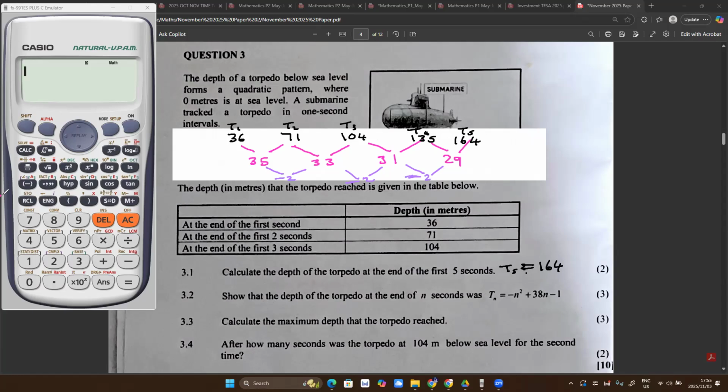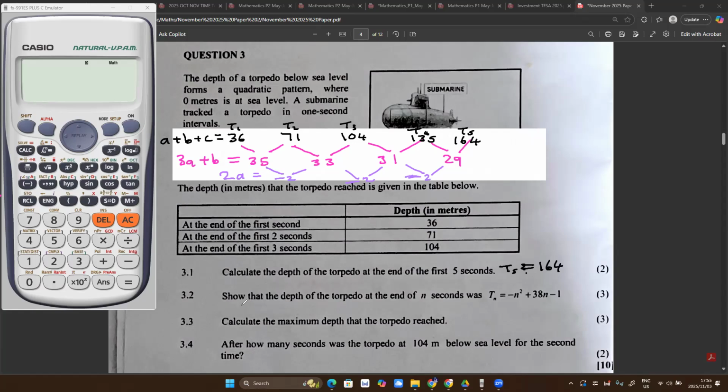All right, so Tn. We know that 2a is equal to the second difference, so 2a is equal to negative 2. Then we know that 3a plus b is equal to the 35. And then a plus b plus c is equal to the first term.